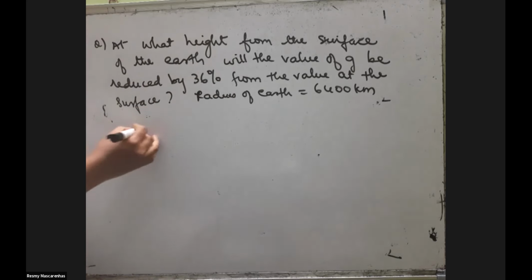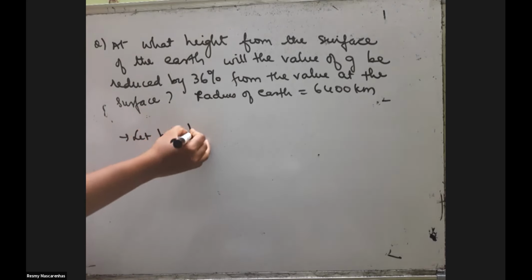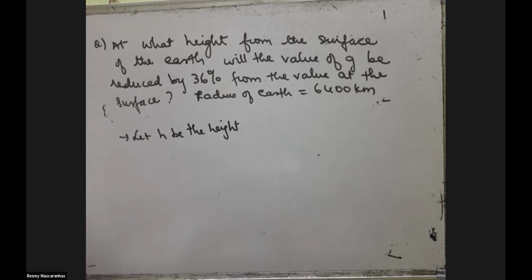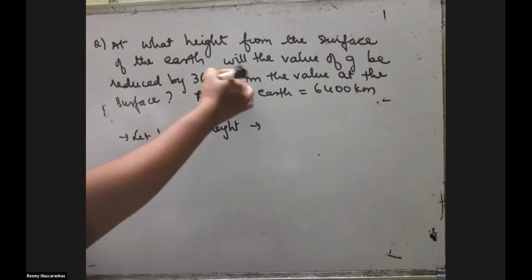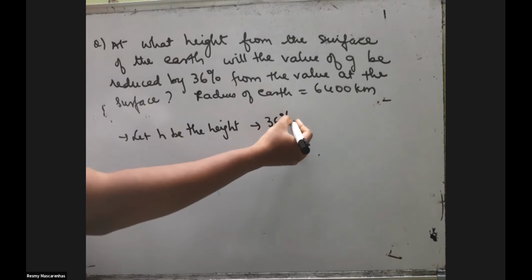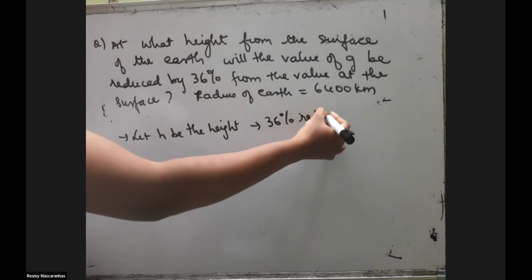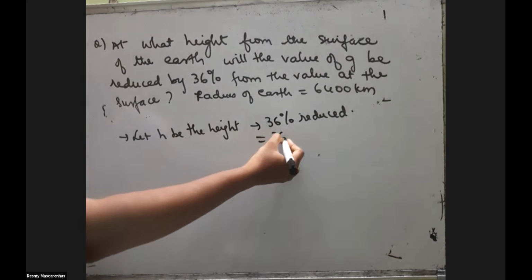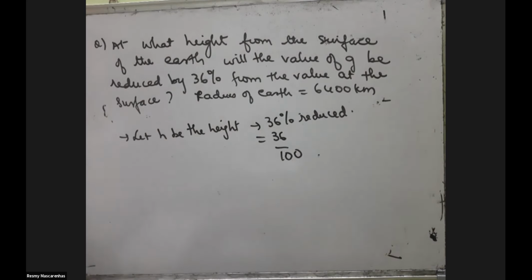We can say let h be the height where it will be 36% reduced. So 36 means 36 upon 100. This is how we write a percentage.